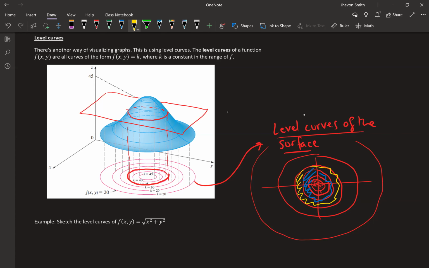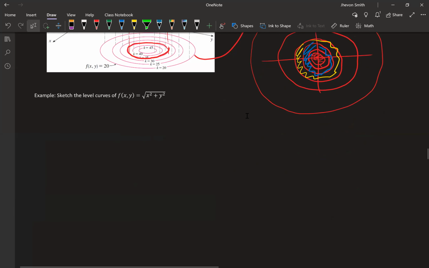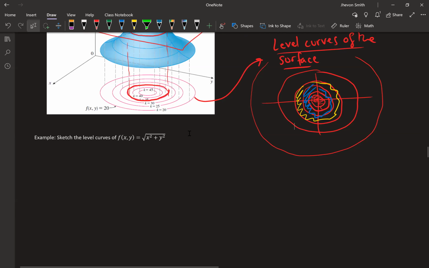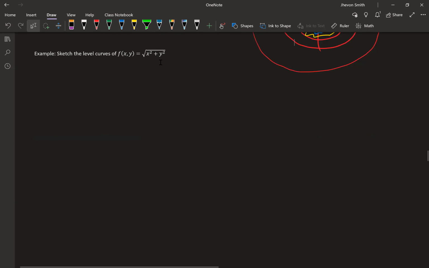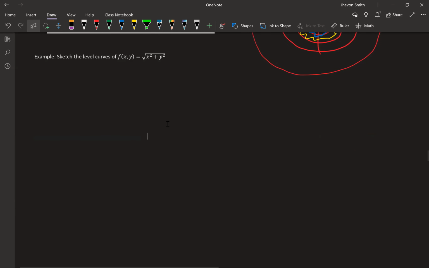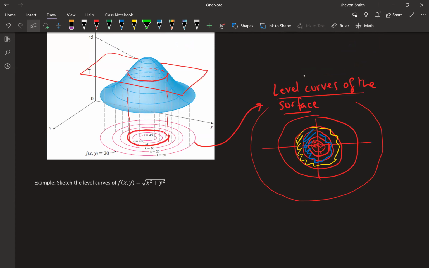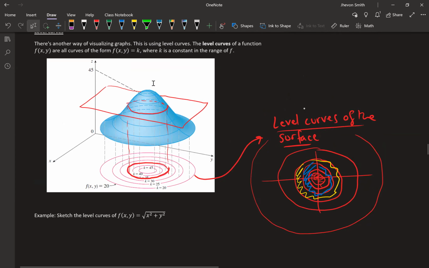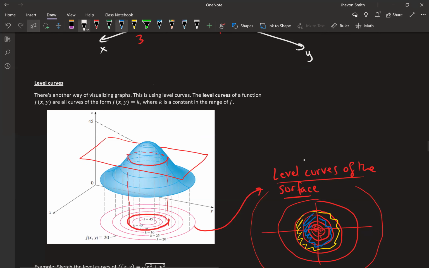And we can look at this 2D representation and kind of figure out what is actually going on in 3-space. So for example, we can talk about the level curves of this guy, which is the cone that we drew earlier. Now, mathematically speaking, a level curve means slicing through with a plane. You'll notice the plane will have an equation like z equals a constant, right?